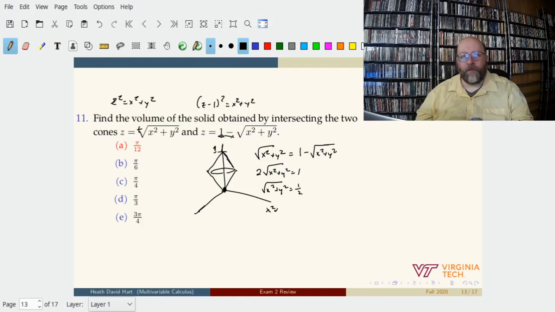Square both sides: x squared plus y squared equals 1/4. That's the equation of a circle whose radius is the square root of 1/4, or 1/2. So the radius of this circle is 1/2. Okay?